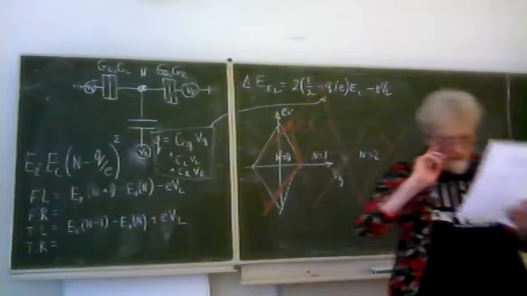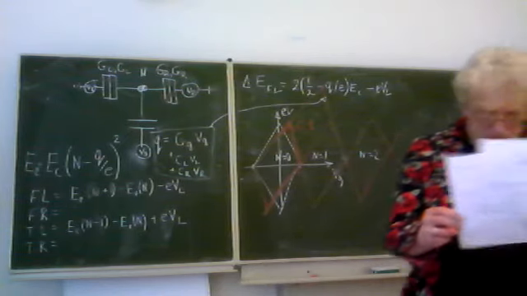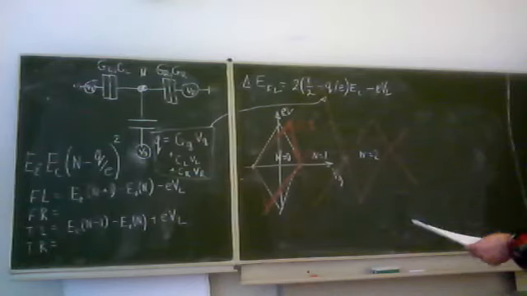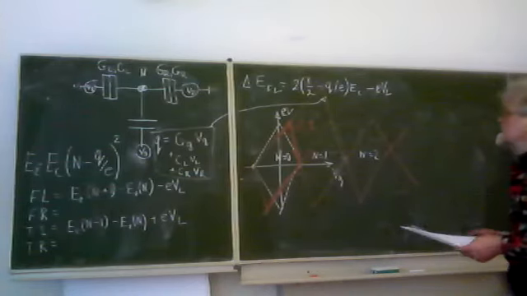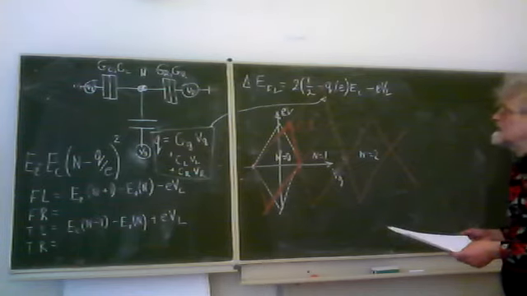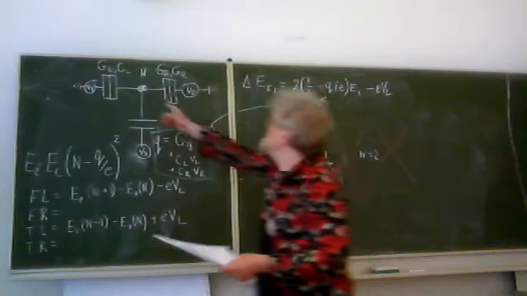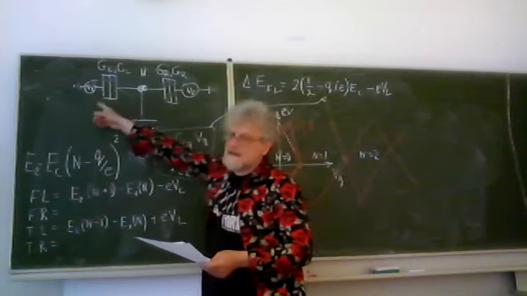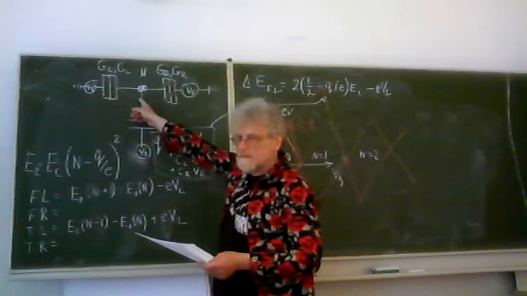Electrons go from the left to the right, I believe, and it goes in the following way. First, an electron comes here, and the second electron is blocked.